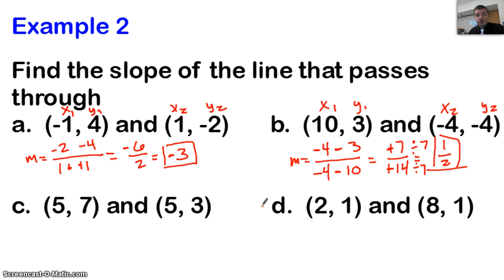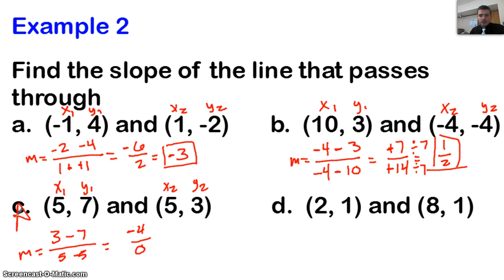Now these are your 2 special cases, so I'm going to go through each one individually. Again, you label them. I know it seems tedious, guys, but it helps every time, I promise. So we'll do 3 minus 7 over 5 minus 5, and this is m. So 3 minus 7 is negative 4, over 5 minus 5 is 0.